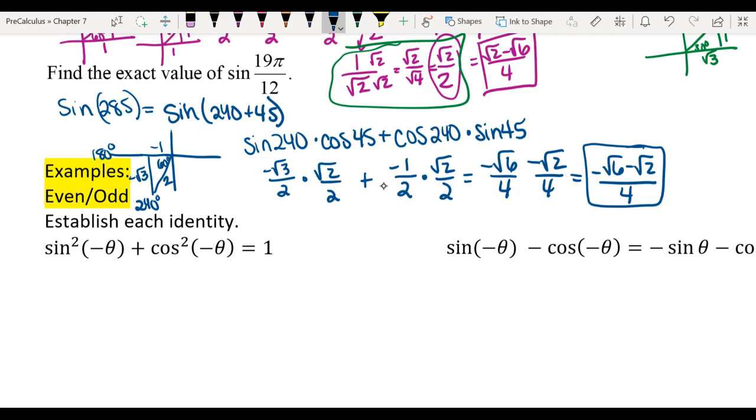All right, so I have the answer circled up there in blue, okay? I do want to warn you that if you're looking to the answer key in the back of the book, because the top, both of them are negative, I would not be surprised if they change this to a negative square root of 6 plus square root of 2 over 4, where that negative is plopped down in front.